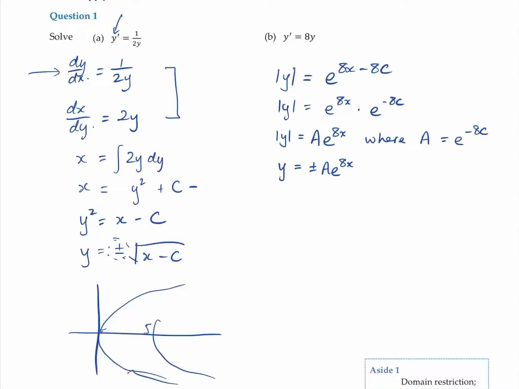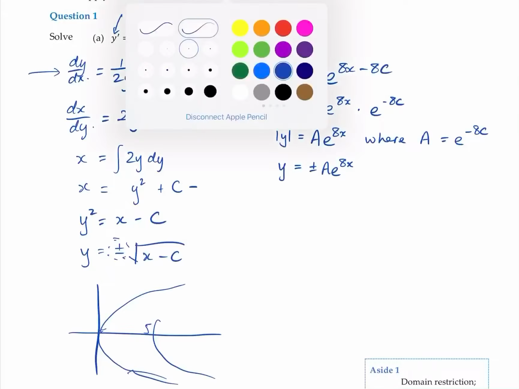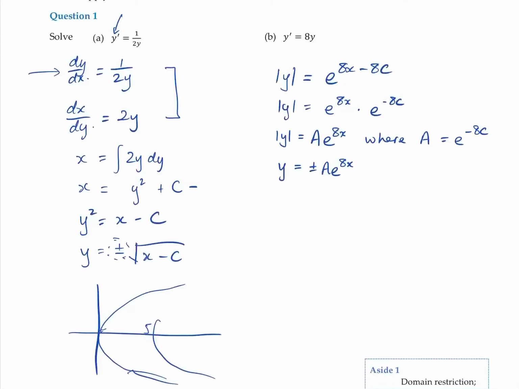I've got a couple of things to say about this. I'm just going to finish it first. The important thing is that the A, we don't know if that's positive or negative, or do we? All right, I'd better say it now then. If you look at what A is, it's strictly positive. E to the something is always positive. So what we have here is a positive quantity, and we've got absolute value as a positive quantity, and so y equals plus or minus A e to the 8x.